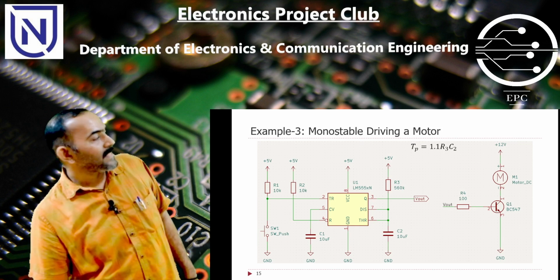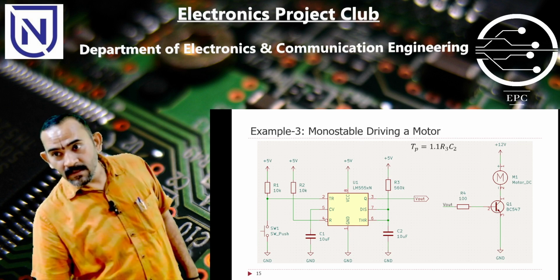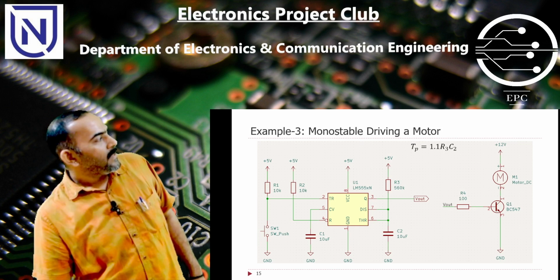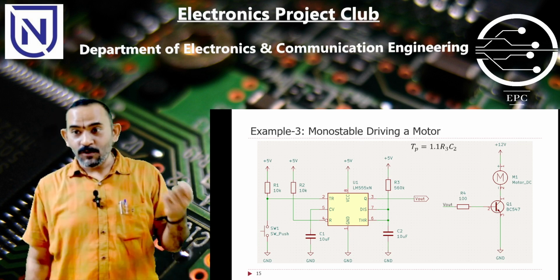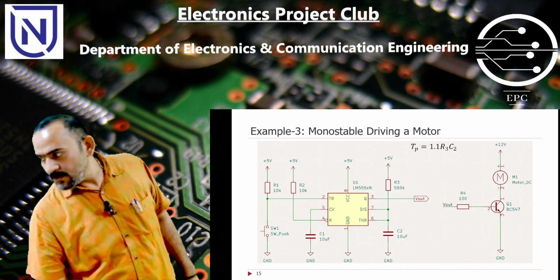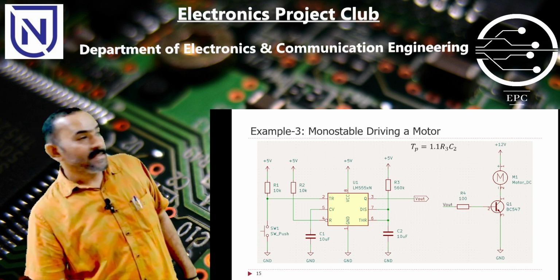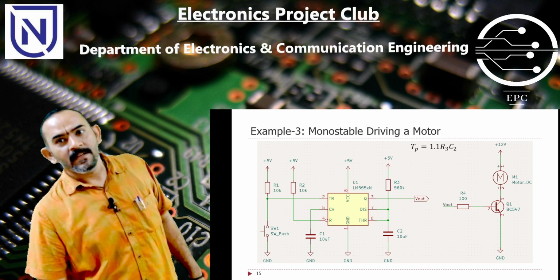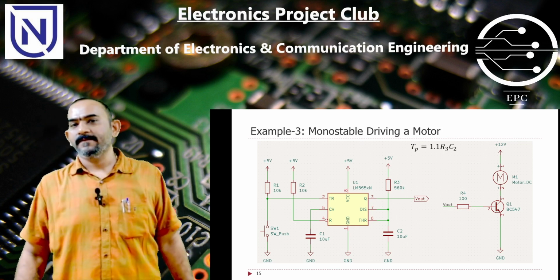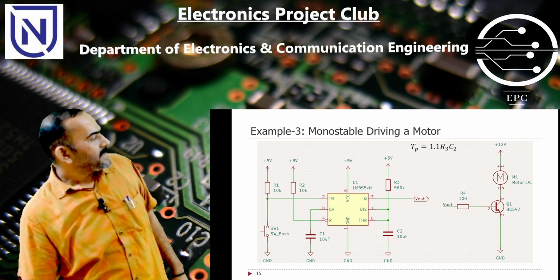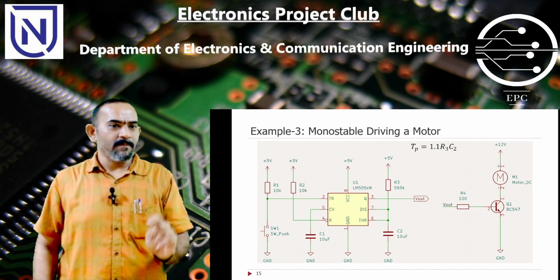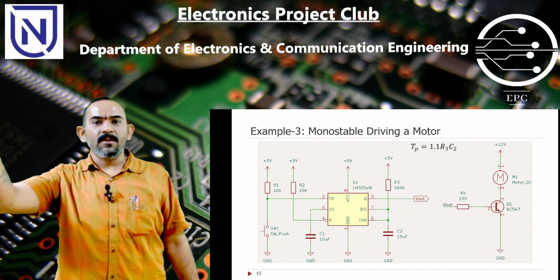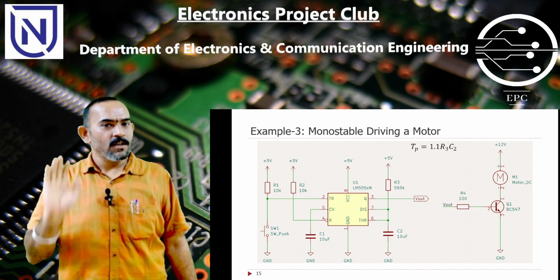When the output of the 555 is high, the transistor is on, so current flows through the motor and the motor is supposed to turn. Then when this pulse goes off, the motor is supposed to turn off. Next, when I press the switch again, the same thing should happen. Every time I press the switch, the motor should turn on, stay on for 5 seconds, and go off.